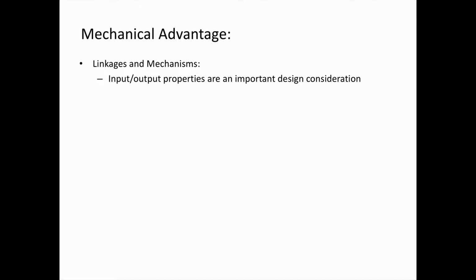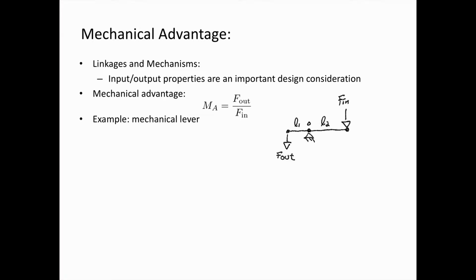Let's talk about mechanical advantage. With linkages and mechanisms, input and output properties are an important design consideration. One way of defining mechanical advantage for linkages and mechanisms is as the ratio between output force and input force. For example, we can look at a simple mechanical lever.